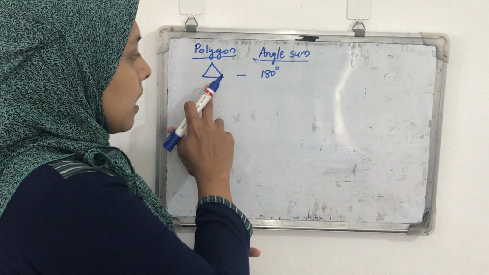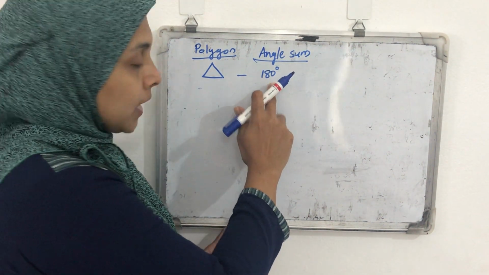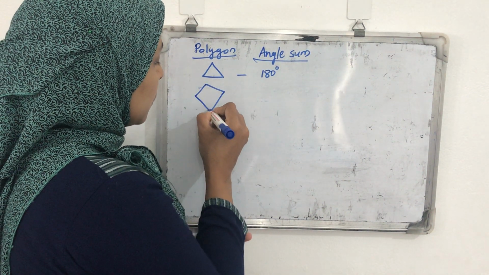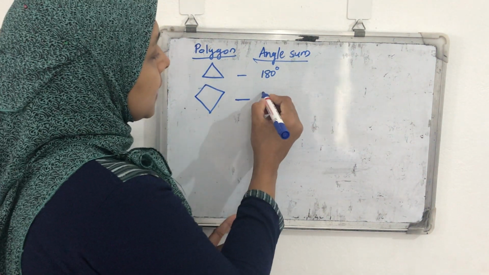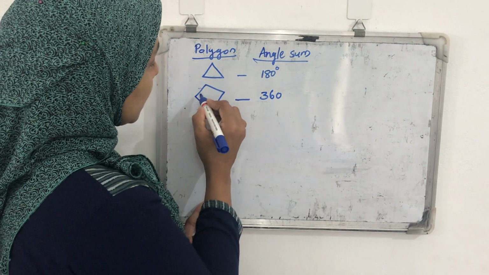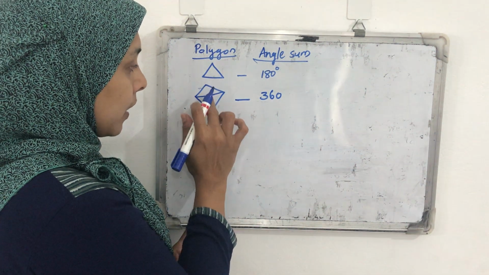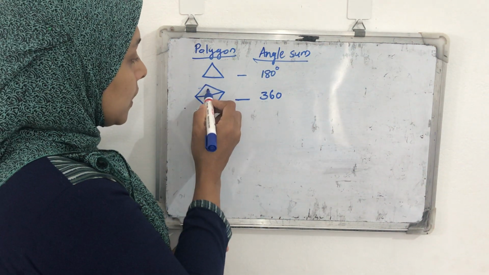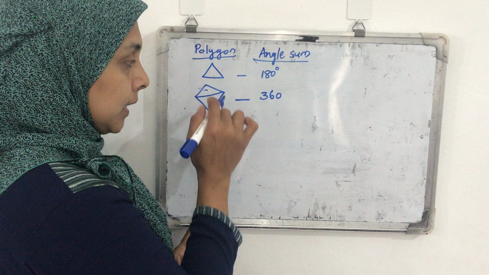First we know the triangle: the sum of its three angles is 180 degrees. Now for a quadrilateral, any shape, its angle sum is 360 degrees, that is 180 into 2 triangles, which we got by drawing a diagonal. One diagonal splits it into two triangles, so this is 180 and this is also 180, giving 360 degrees.